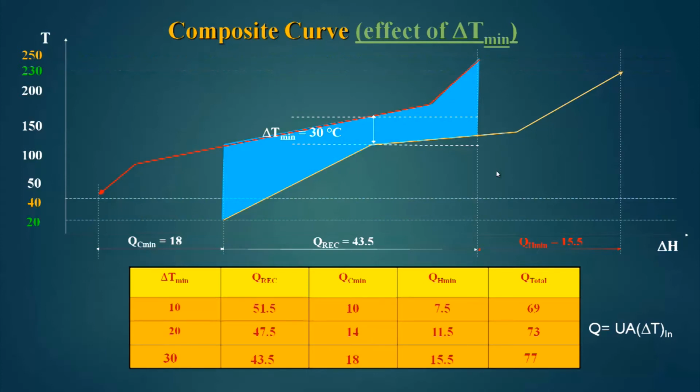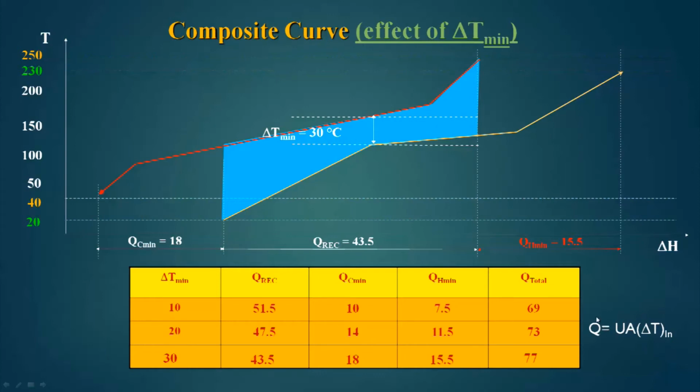There are two forces which are working here, and to analyze these two forces we use the formula Q is equal to U A delta T ln, which is written here. Now, for a fixed Q and for a fixed U, if delta T ln is increasing, A will decrease, this we know, and when we increase the delta T minimum value, basically we are increasing the delta T ln value.